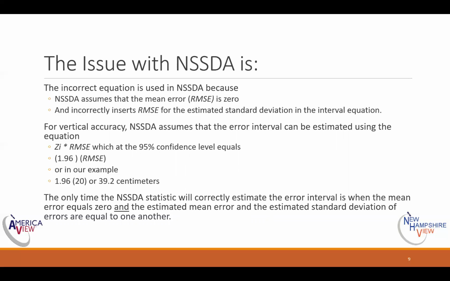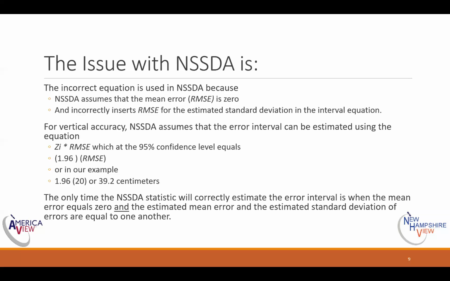However, there's a problem in that the incorrect equation is used in NSSDA. NSSDA assumes that the mean error is 0, and therefore it incorrectly inserts root mean square error for the standard deviation in the interval equation, and that's not the way it should be done.